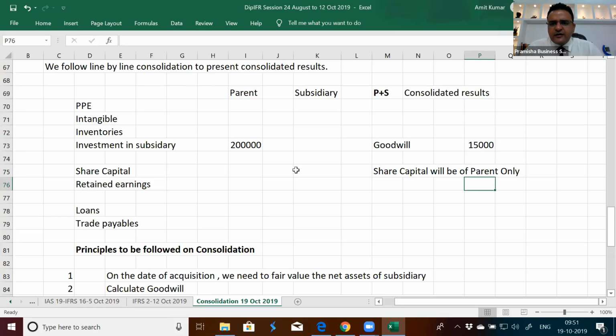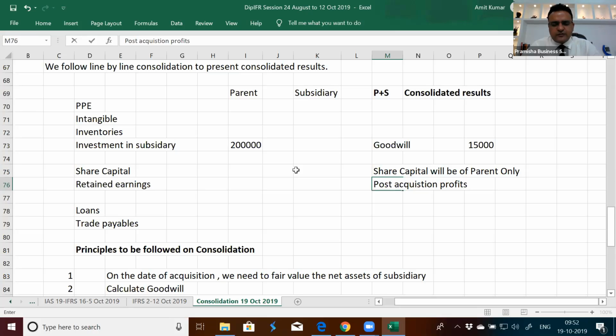So that is the reason in the consolidated results, from the subsidiary's equity, it will be share capital of parent plus only post acquisition profits, that too in terms of the share of profits from the subsidiary.